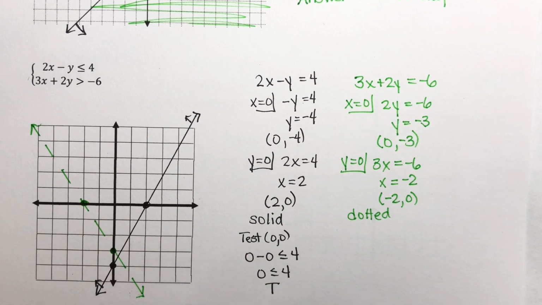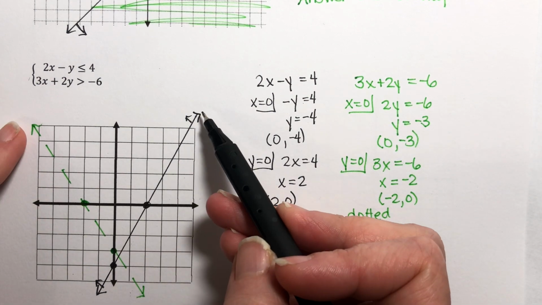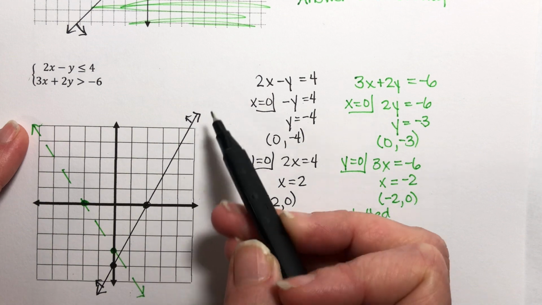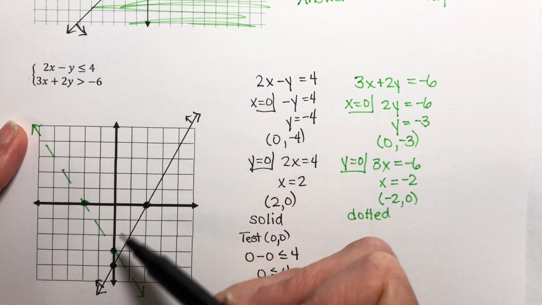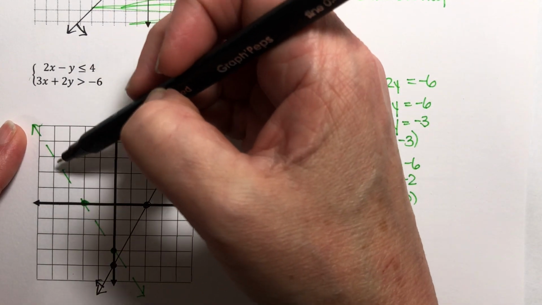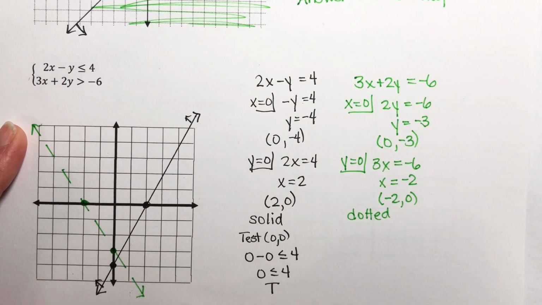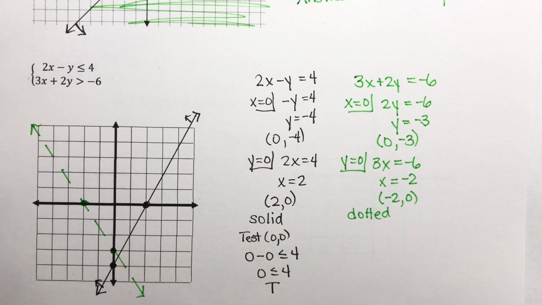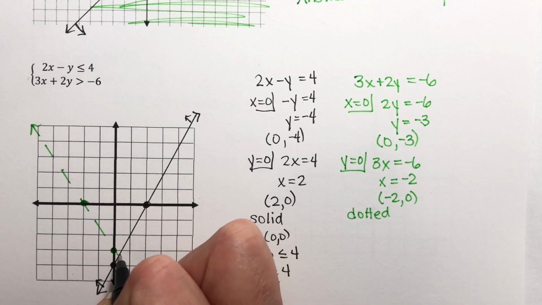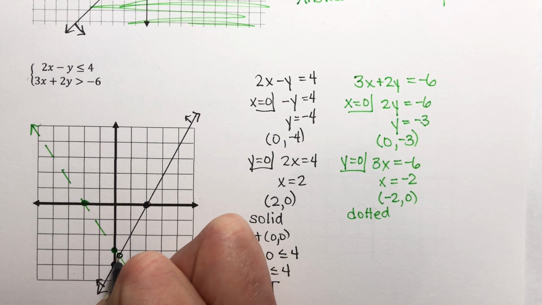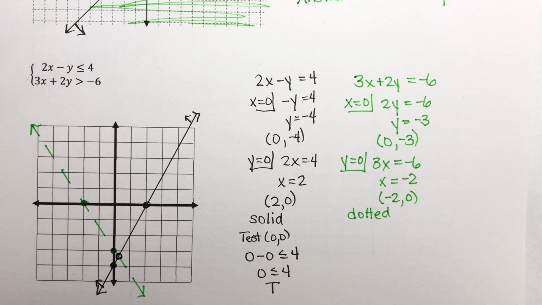Now, I don't believe the computer makes you do this, but I'm going to go ahead and make a point. Technically speaking, every single point on this line is part of the solution. None of the points on this line are a solution. So technically, no matter which of these parts I shade, where these two lines intersect is not part of the solution, and you should put a little open circle there.